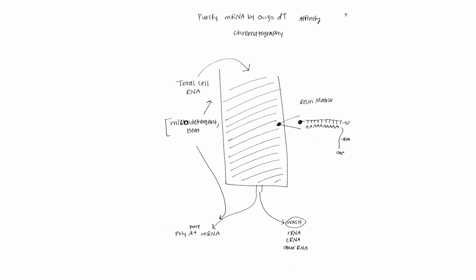And then some RNA comes out, and when you analyze that, it's pure poly-A plus messenger RNA. So the poly-A tail is used by the cell, and in this case it's also used by us to purify messenger RNA from a mixture.